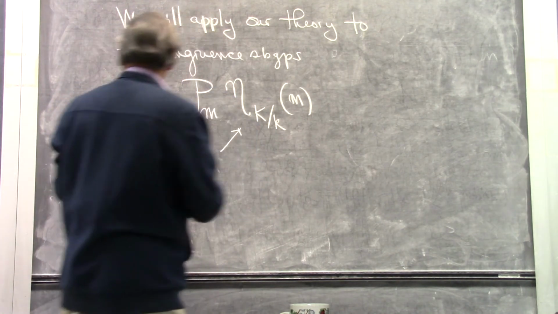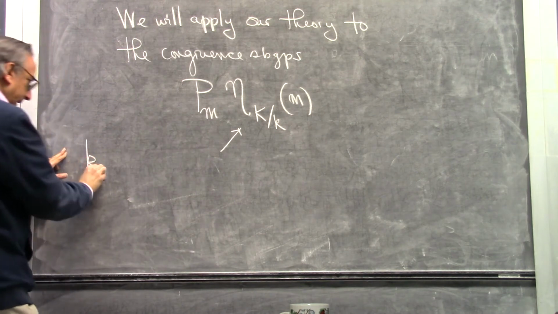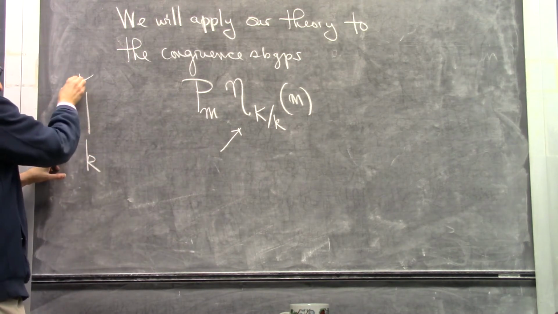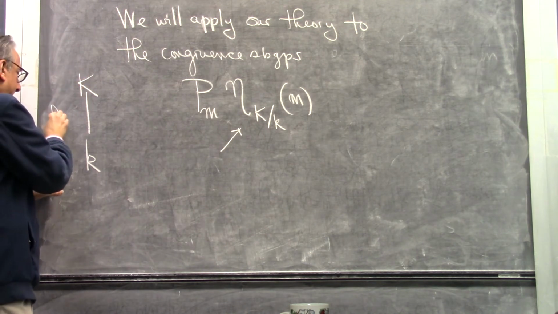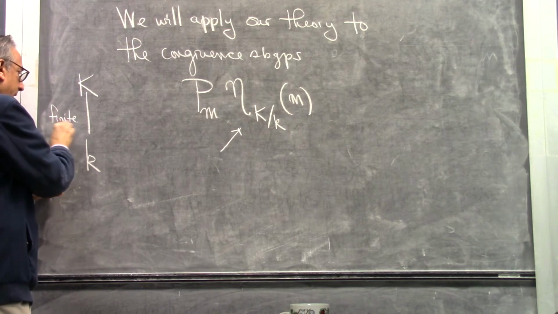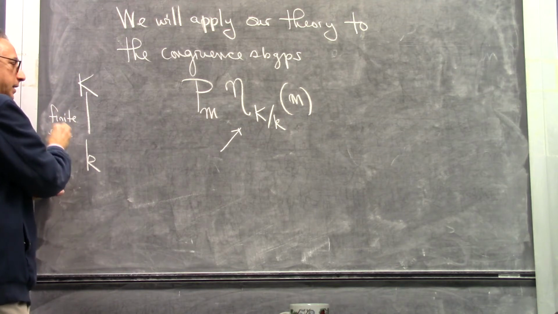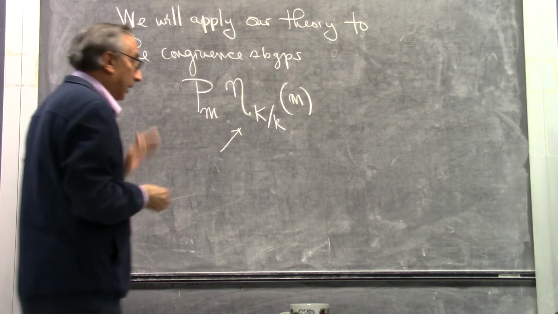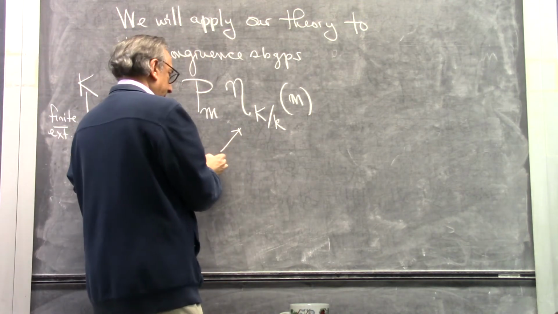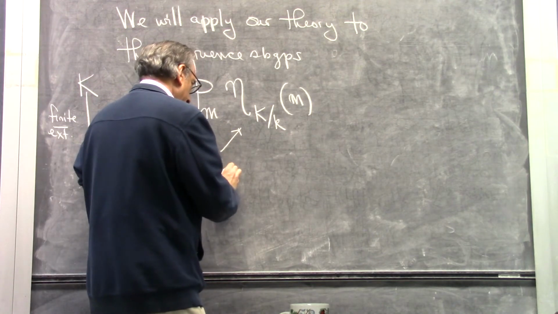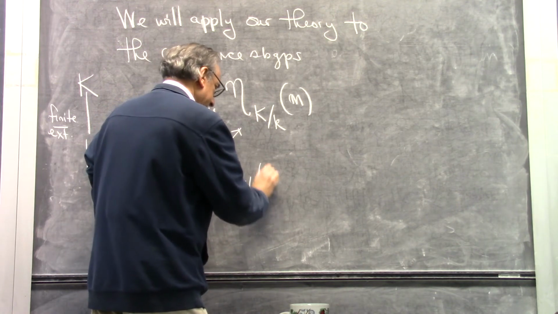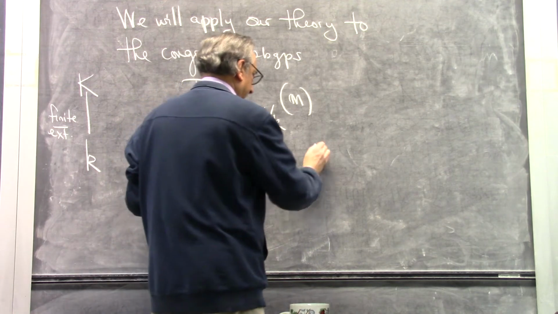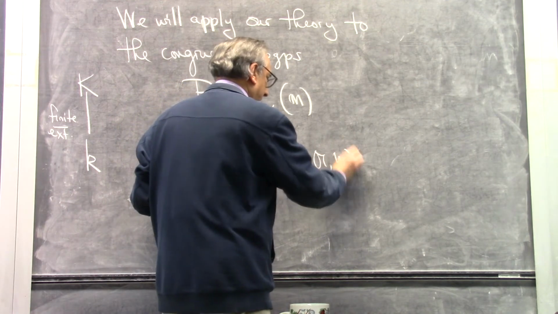So here the picture is, here's my field little k, and here's some capital K, for the time being any field, any finite extension for now. It doesn't have to be a finite extension necessarily. So this group here is the group of norms, norm capital K over little k, of ideals A, where A is going to be co-prime to m.